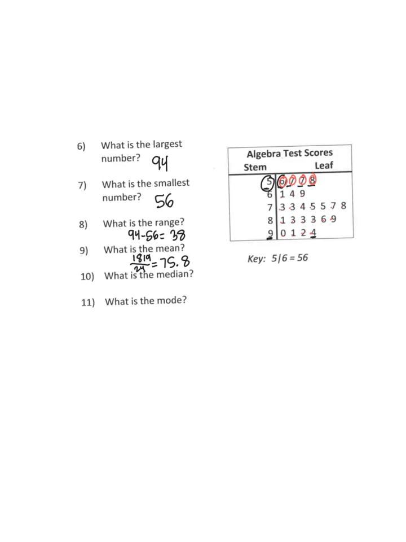Then for my median, I need to find the number that's in the middle of my table. So if I have 24 numbers and I want to find the middle of 24, that means that I'm going to cut it in half. So half of 24 is 12. So if I count 12 numbers in, that would be my 75.